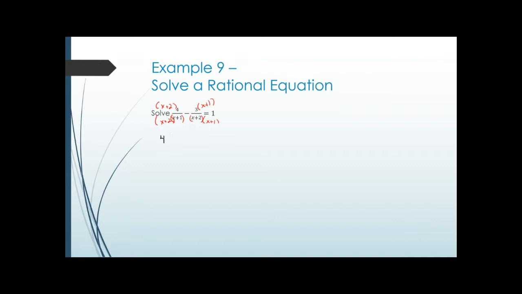So this will give me 4 times x plus 2, and then my denominator is x plus 2 times x plus 1, minus 3 times x plus 1 over x plus 2 times x plus 1, equal to 1. So in order to combine the fractions on the left, I need to first distribute.